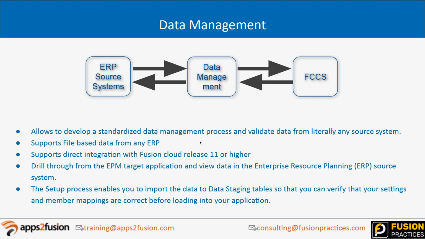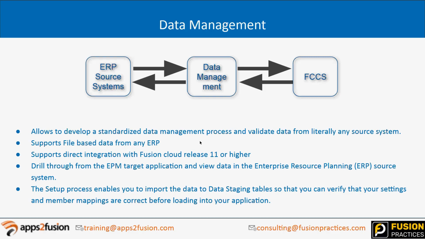And then the steps to actually run a data load rule are pretty standard. It primarily consists of 3 steps. I'm sorry, the first step is import, the second step is validate, and the third step is export.